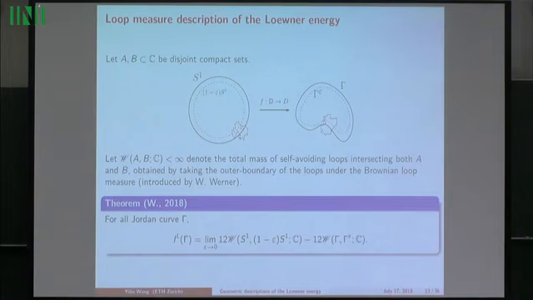For all Jordan curves gamma, the Loewner energy of gamma can be written as 12 times the Werner's measure of the loops that attach to both the dashed curve and the solid curve. It's like doing a cutoff of the curve that is inside this.